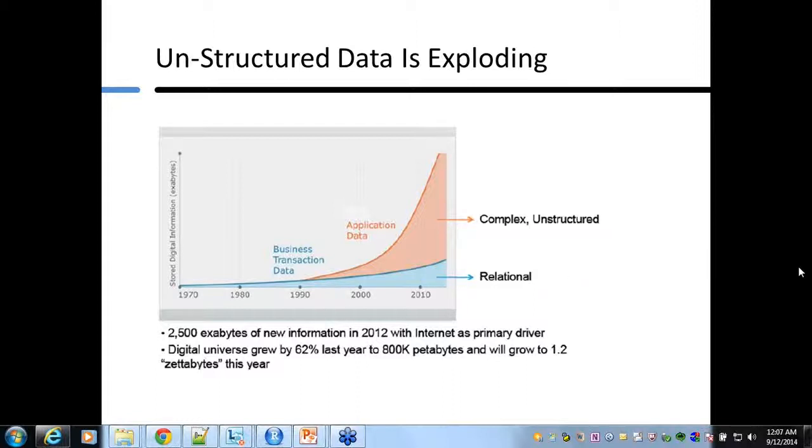All right, so this slide talks about unstructured data explosion, which means if you look at this slide, you will realize that in the early 2000s or late 1990s, up to that point, the data volume was very small. Only transaction data existed across the globe.